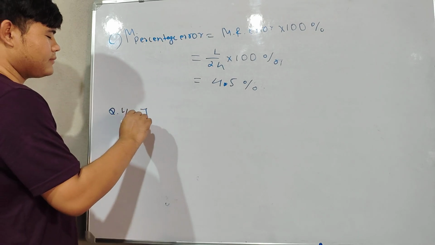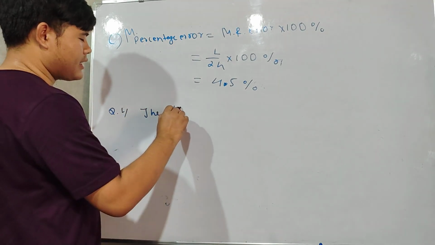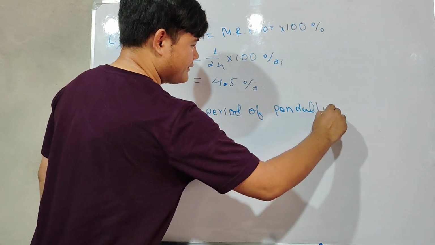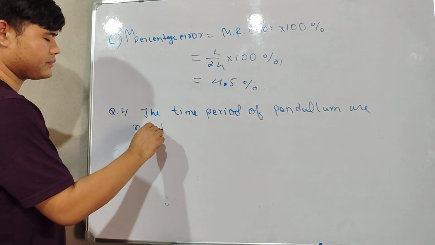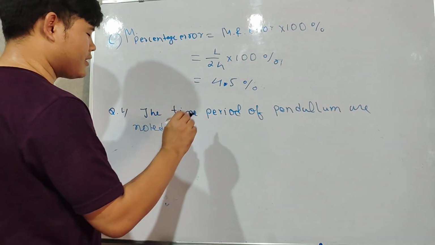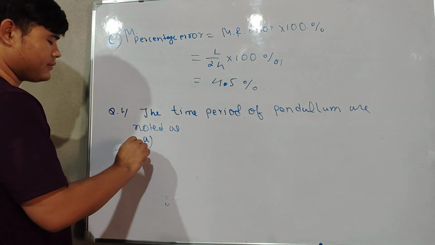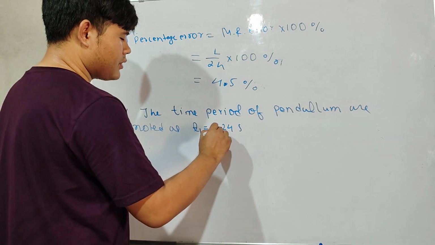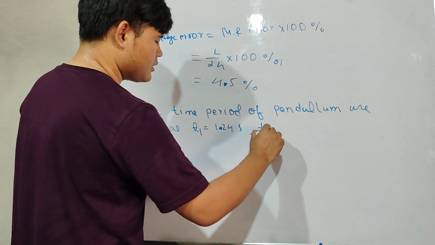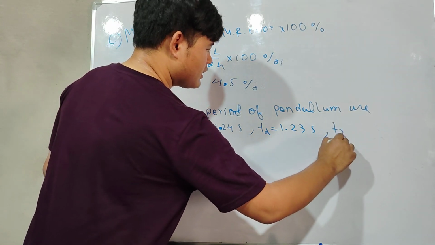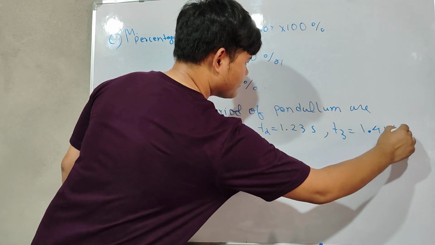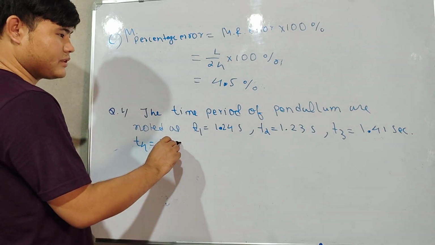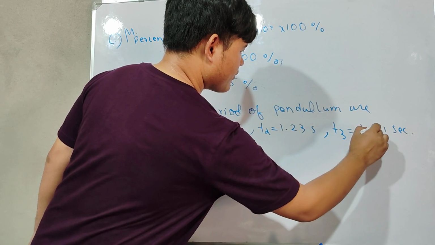Question number 1: the time periods of a pendulum are noted as T1 equals 1.24 seconds, T2 equals 1.23 seconds, T3 equals 1.41 seconds, T4 equals 1.21 seconds.